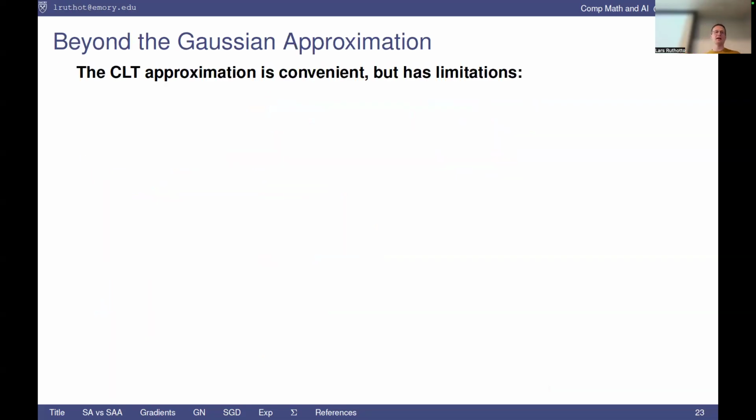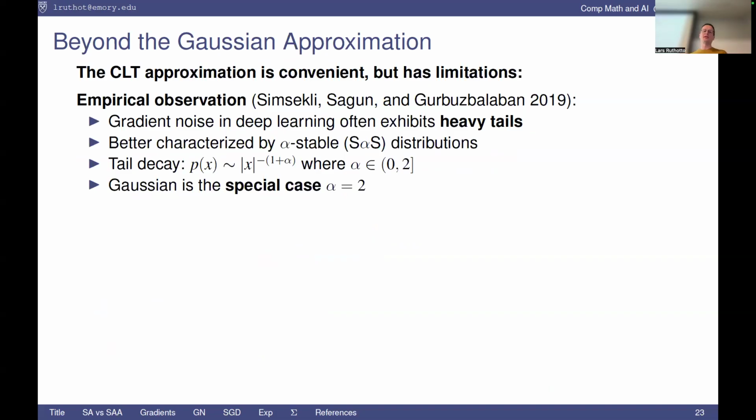I will say that the reality is more complicated. It's convenient for us to think about this, but just before people get too nervous: empirically, the actual noise is not normally distributed. If you want a more accurate picture, you'll realize that it has heavy tails, and there are generalizations you could use to describe this, the S alpha S distributions.